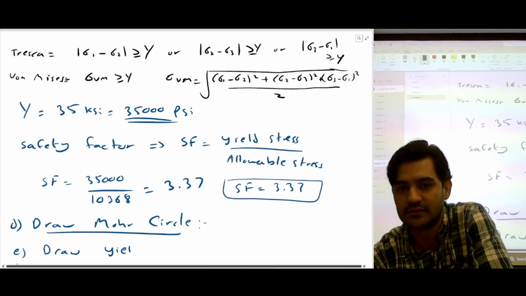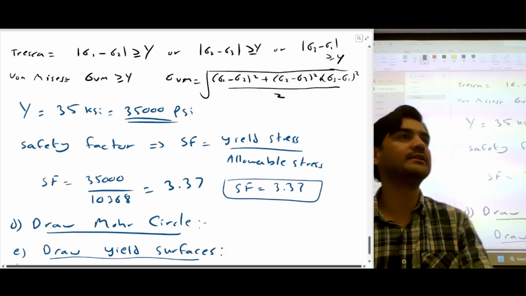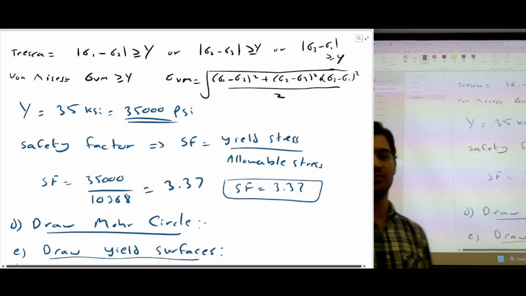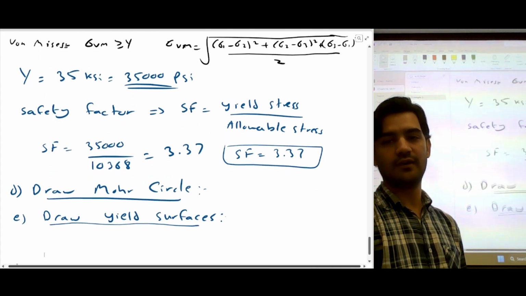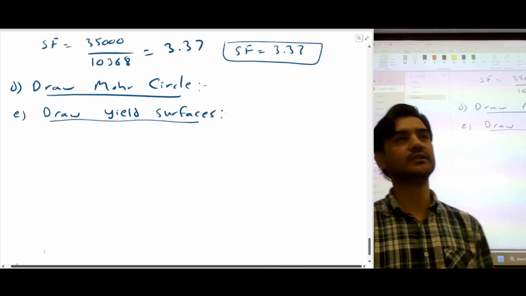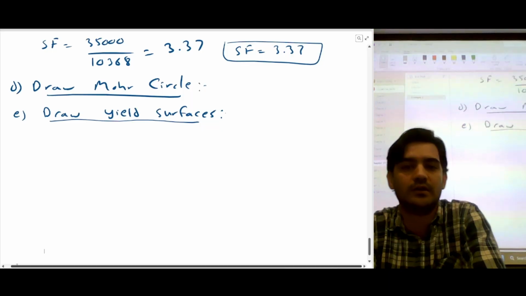draw yield surfaces. Just like a Mohr circle is a graphical representation of our stress elements, the yield surface is also a graphical representation of failure surfaces, and we can graphically see if a failure will happen or not. So I'm going to draw the yield surface for von Mises, and I'm going to draw the yield surface for Tresca.